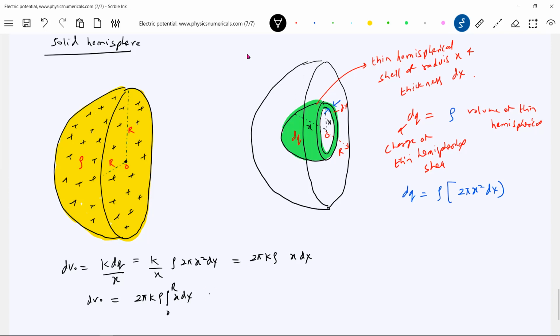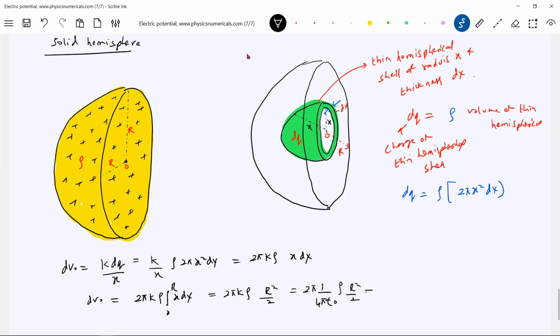So therefore this will become 2 pi k rho R square by 2. What is k? 1 by 4 pi epsilon naught.